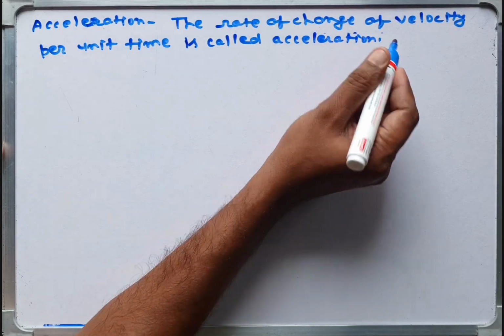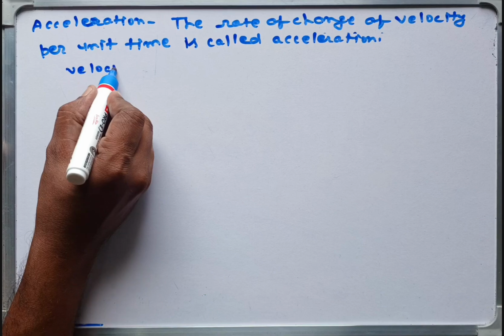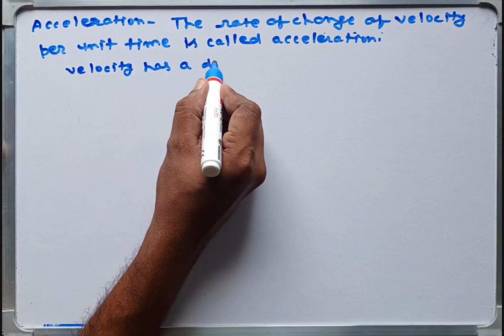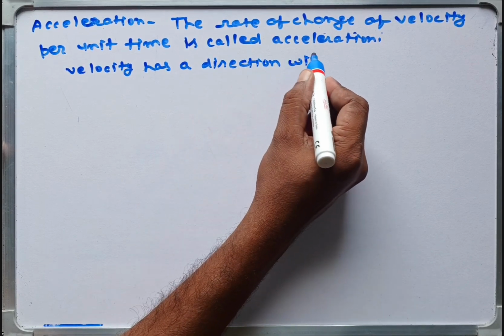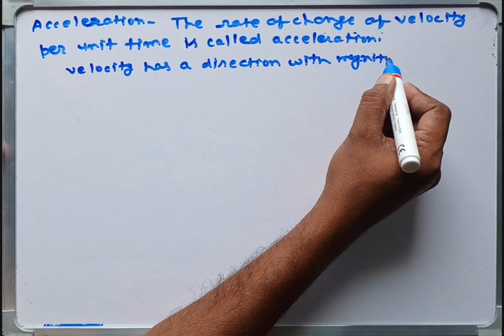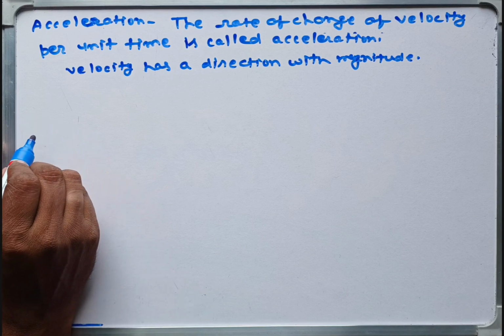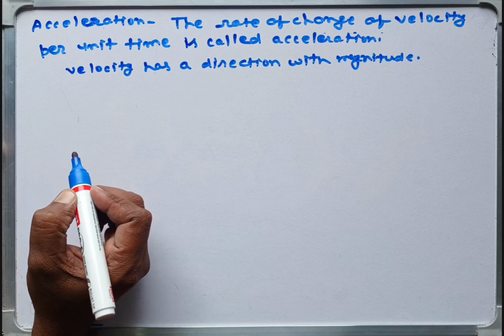Okay, so guys, velocity has a direction with magnitude. We learned in the previous lecture. The link of that lecture is given in the description box.